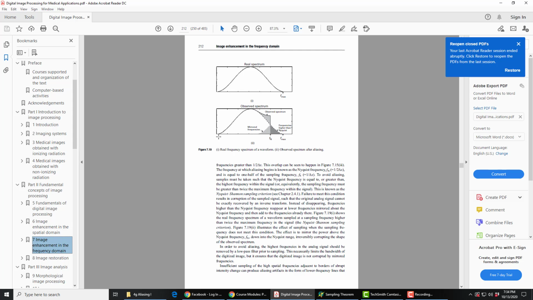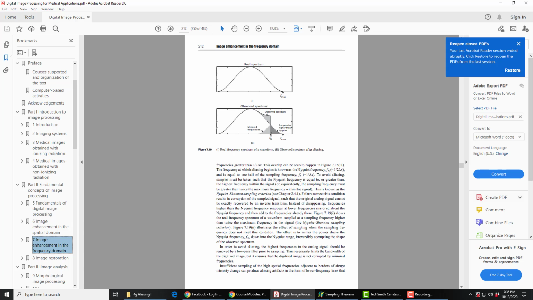If we don't, if we have a sampling frequency that's not more than double F max, say it's out here, and half of that sampling frequency is here, the Nyquist frequency, we cannot capture any frequencies higher than the Nyquist frequency.